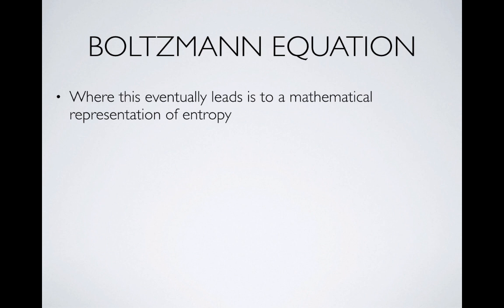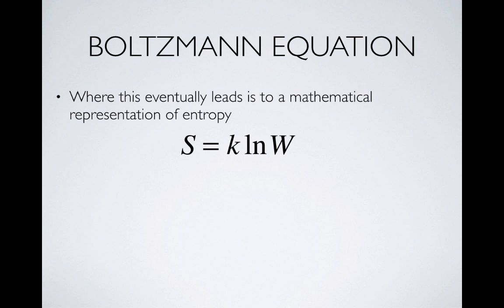Now, what Boltzmann is really known for is the Boltzmann equation, a mathematical representation of entropy taking into account all those different microstates. It's a very small equation, but even though it's small, it's actually quite complex to apply.